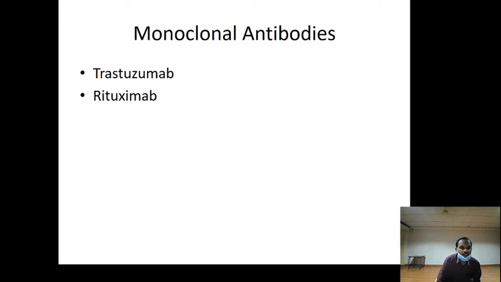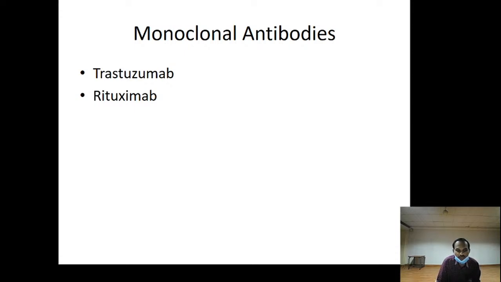Then there is another thing called rituximab. Rituximab is a chimeric monoclonal antibody. That is, the major fraction of this is from the mouse and the minor portion is from the human. Rituximab is a CD20 monoclonal antibody, that is, an antibody which is formed against CD20. We know that most non-Hodgkin's lymphomas have a CD20 antigen on the surface of the malignant cells, and that is the cell signaling pathway for the proliferation of these non-Hodgkin's lymphoma cells.